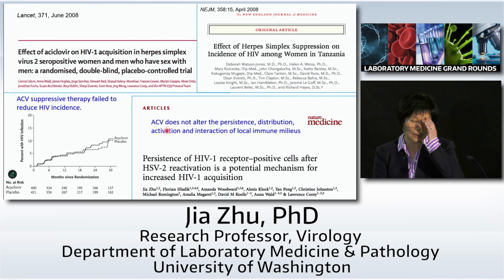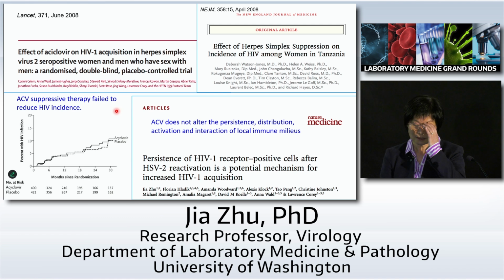At that time, there were two large international clinical trials, including the one conducted at the University of Washington by Dr. Connie Celum and Anna Wald and Dr. Larry Corey, and they showed that acyclovir suppressive therapy failed to reduce HIV incidence.